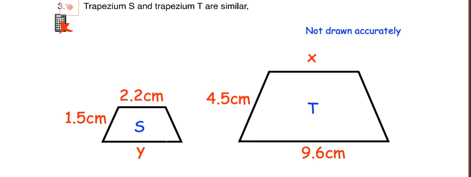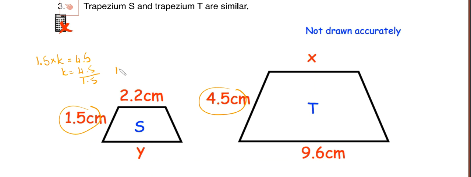Trapezoids still works. I'm going to assume that this side is corresponding to that. Okay? So 1.5 times something. I'm going to call it K for constant. That equals 4.5. So K is 4.5 divided by 1.5, which does work out.